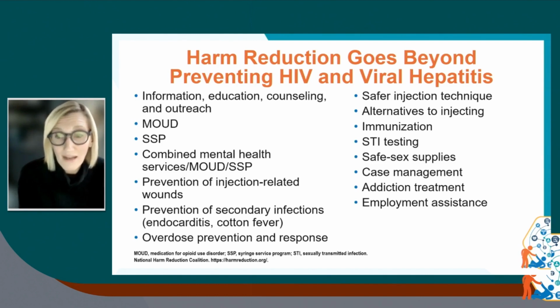Making sure that folks have access to safer sex supplies like condoms and other things. Giving individuals access to case management to help them with things like housing and food are also ways to reduce harm. And substance use disorder treatment, should an individual be ready for that, as well as employment assistance.